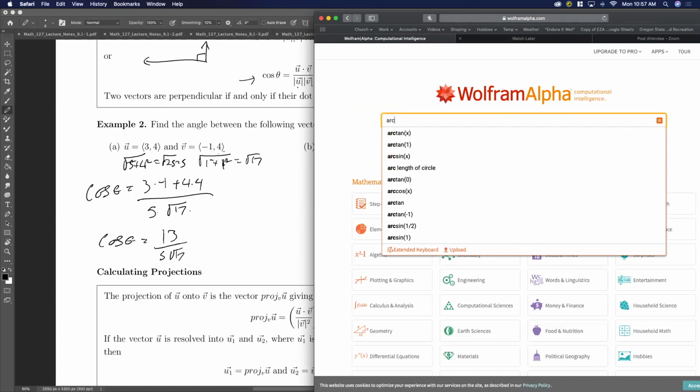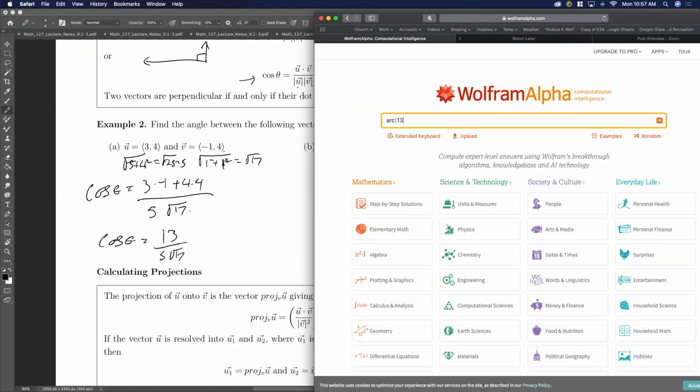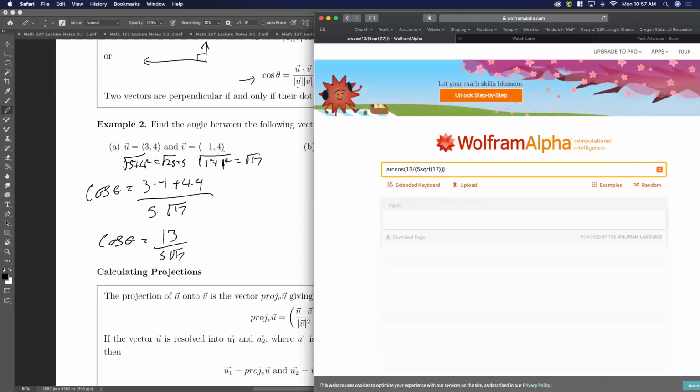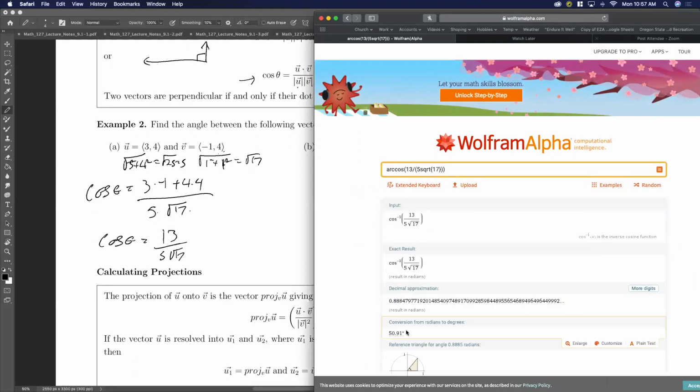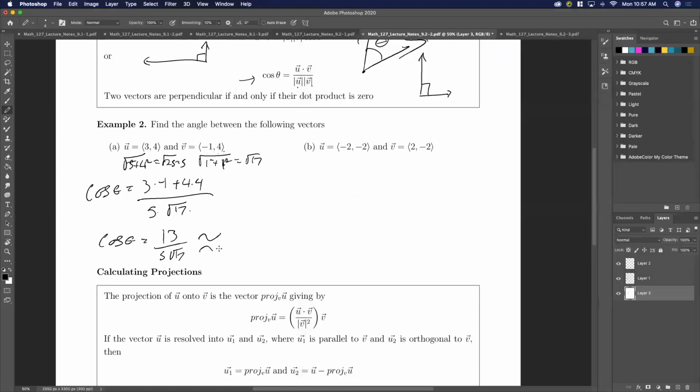Let's type in the arc cosine of 13 divided by the quantity 5 square root 17. Arc cosine. So we have this to be roughly 50.9 degrees. Okay, so that's the angle between them.